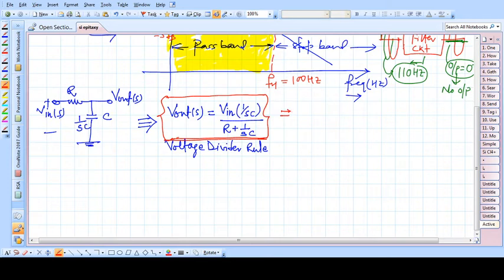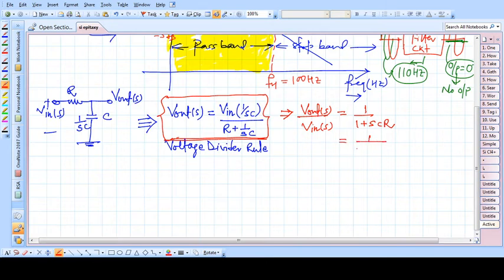Now what we are doing, after solving it should be 1 plus SCR. SC should be cancelled. V out by V in is 1 by 1 plus SCR. So this is nothing but simply some gain term, so this gain is 1 by 1 plus SCR.